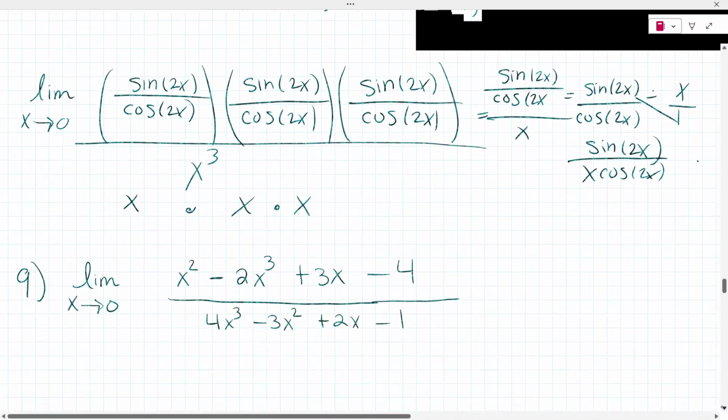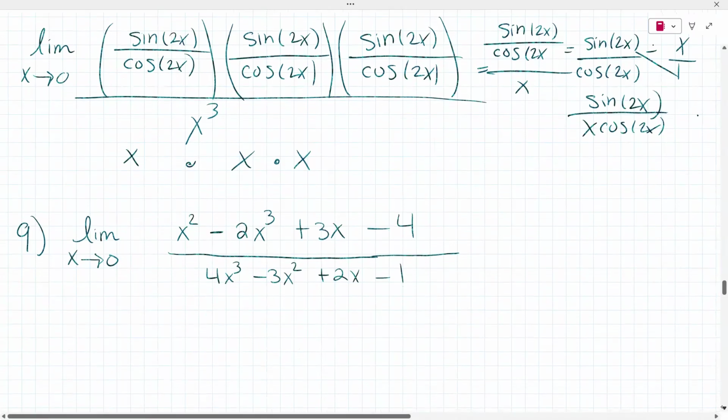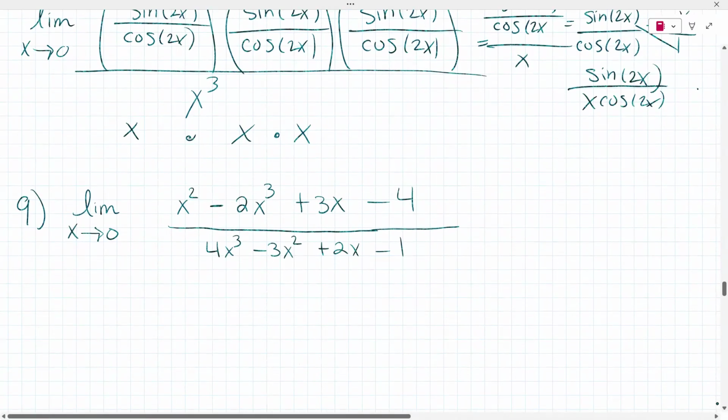Okay, let's move on to example 9. So example 9 says we have the limit as x approaches 0 of this rational function: x squared minus 2x cubed plus 3x minus 4 over 4x cubed minus 3x squared plus 2x minus 1. So what I would do is try plugging it in.